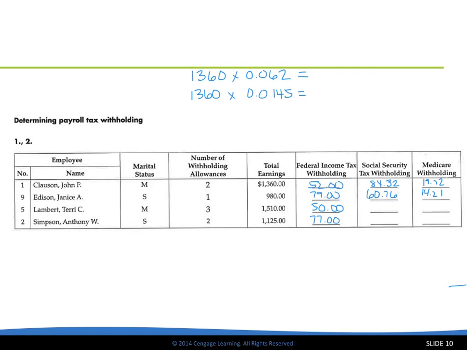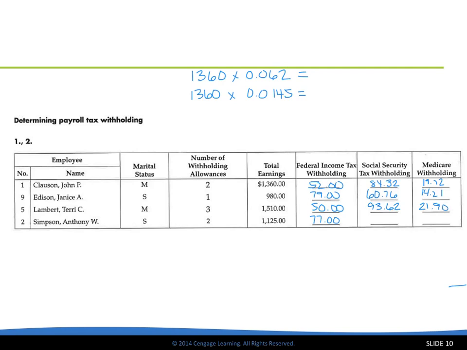Okay. To find Terry Lambert's Social Security tax withholdings, I take that $15.10 and multiply it by the 6.2%, which will give me $93.62. For the Medicare tax withholdings, I take that $15.10 and multiply it by the 1.45%, and that will give me $21.90.